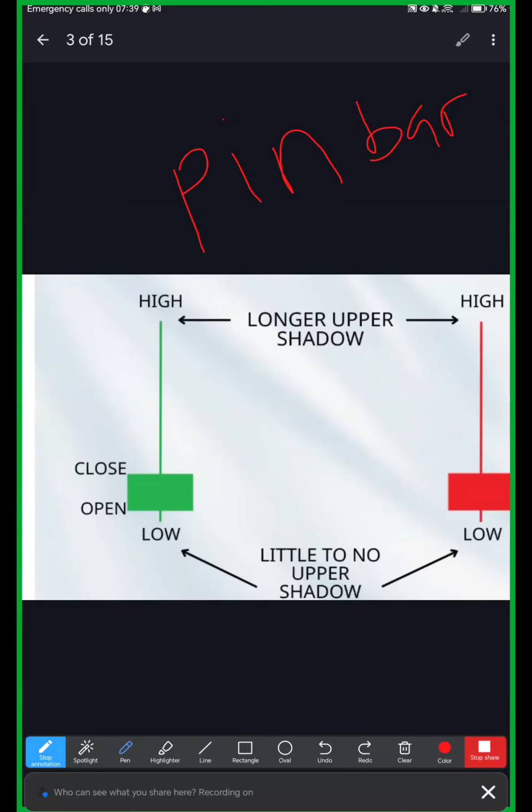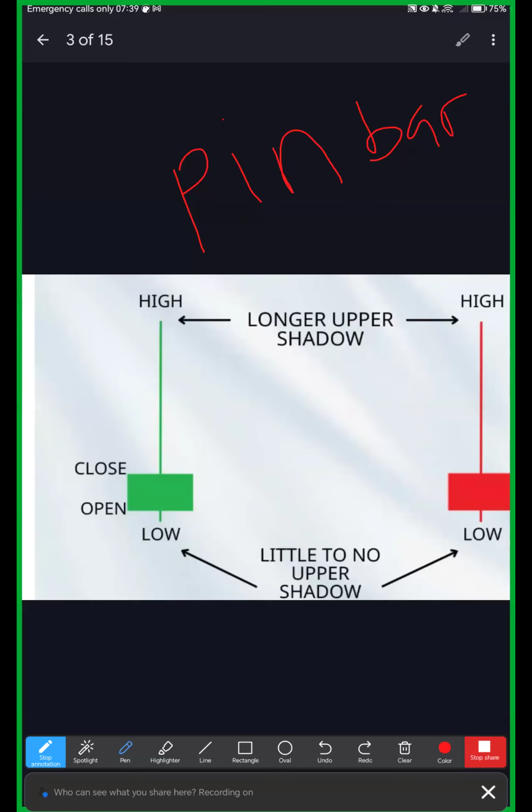So a shooting star is the opposite version of a hammer. The shooting star formation is formed when the open low. With the hammer I was saying open high, so here I'm saying open low.